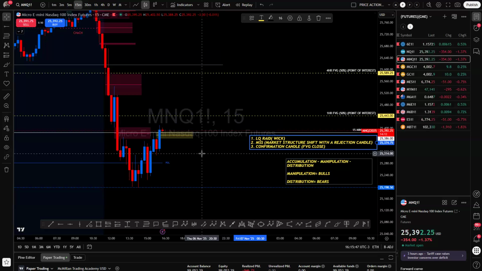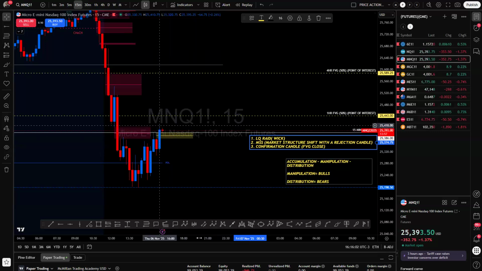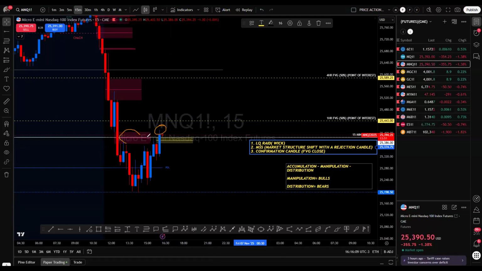Let's see. I want to see if this is going to turn into distribution. This looks like the manipulation. We did have a wick here. But I want to see if it's going to validate this first.